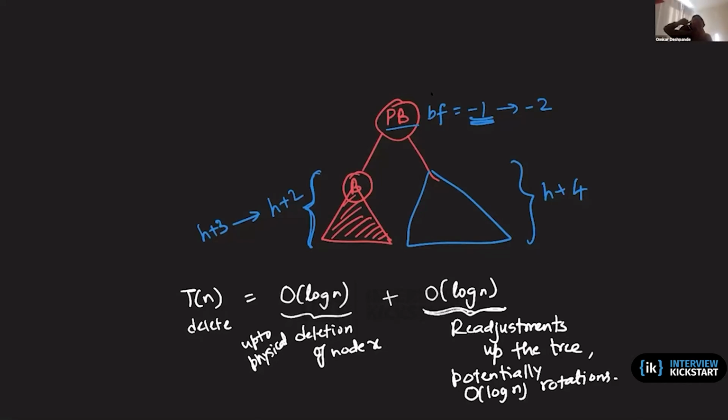In the case of insertions, the second part was order log n just because of updating the balance factors until you reach the first ancestor node where there is an imbalance. That path could be order log n long, and that's why we had order log n. Here, not only can you go all the way up, but you could also have rotations happening at many places.